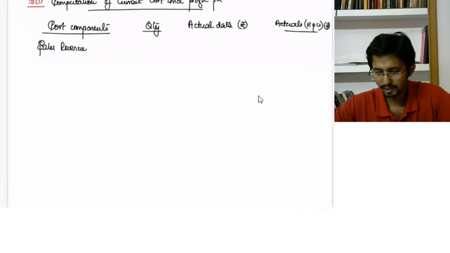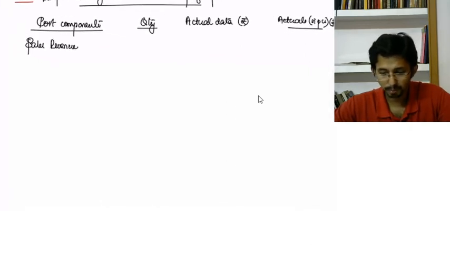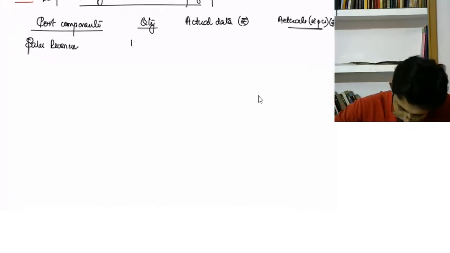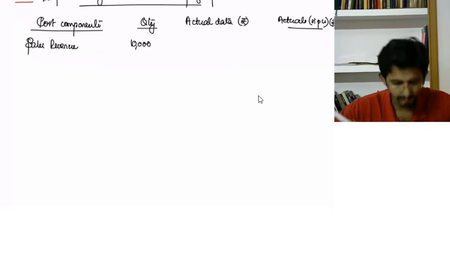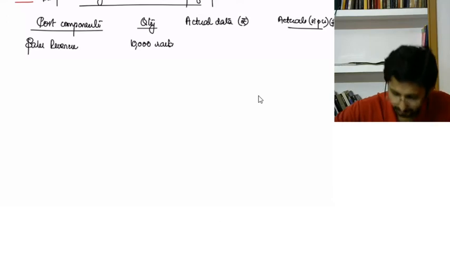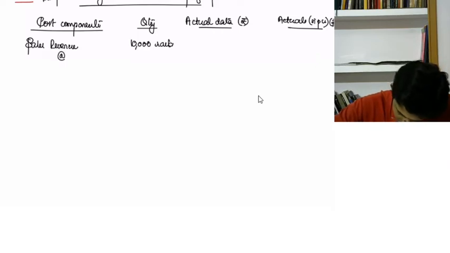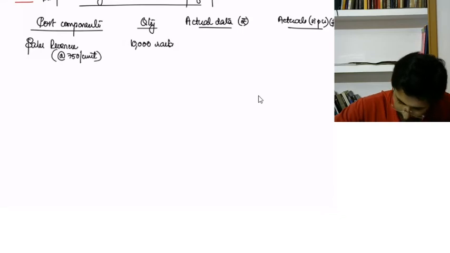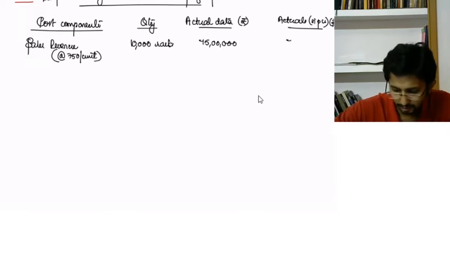Quantity, they are saying that both production as well as sales is 10,000 racks or units. What is the total sales amount? It will be 750 per unit, so this will be 75 lakhs, and actual here will be 750 per unit.